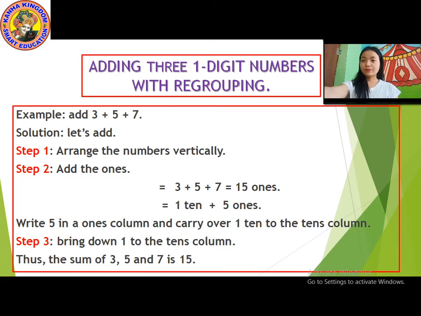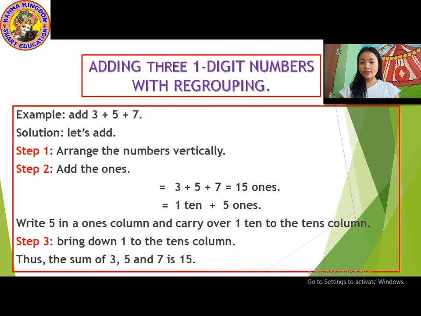So see, in the number 15, the digit 5 is in the ones place and 1 is in the tens place. I already taught you about all these things in first class, in the first part of addition.